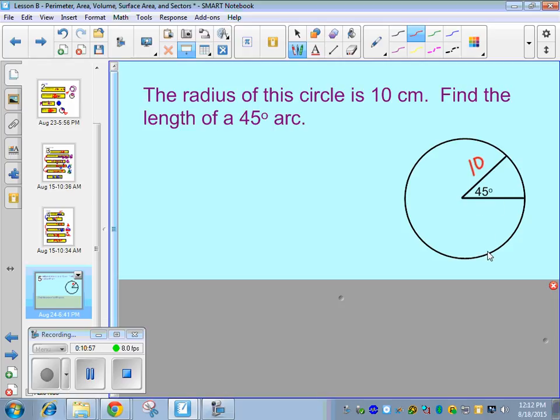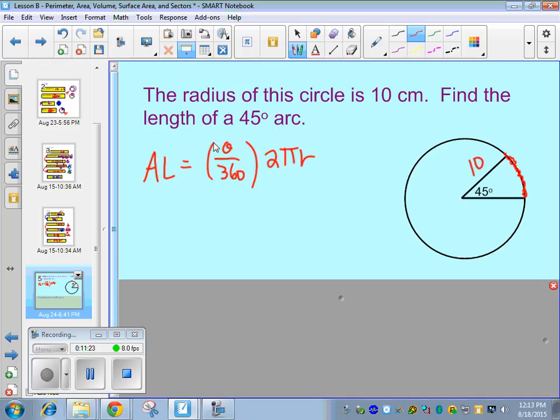If I want to find the arc length, again, it's the distance from here to here. So how long is my pizza crust? The formula for arc length is theta over 360 times 2 pi r. You could also use theta over 360 times d pi. Same thing.